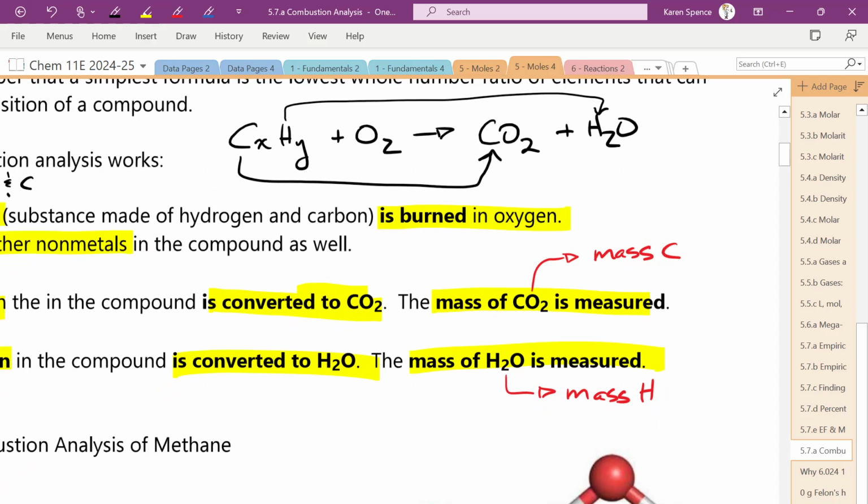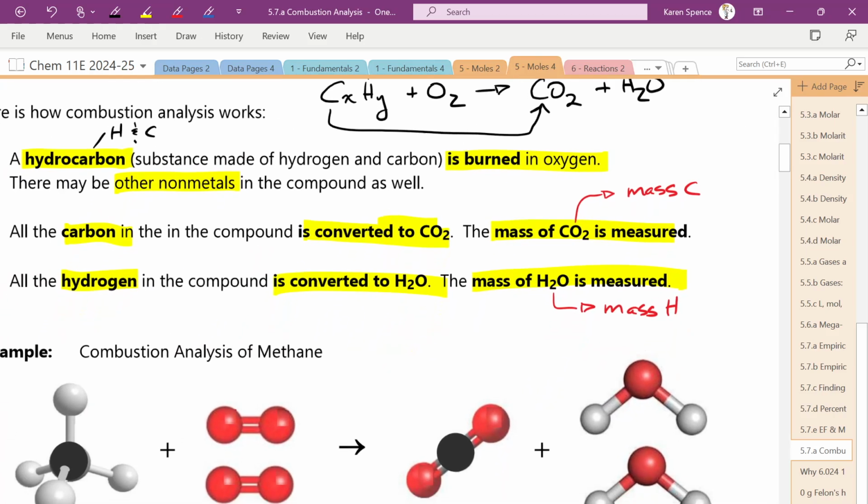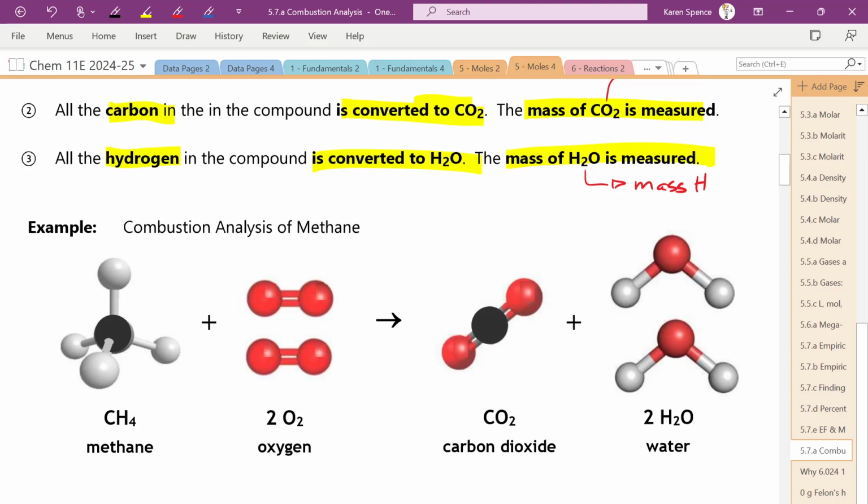So let's just take a look at how this would be in a real example. We have methane, and you can see that the one carbon from methane transfers over here, and we still just have one carbon.